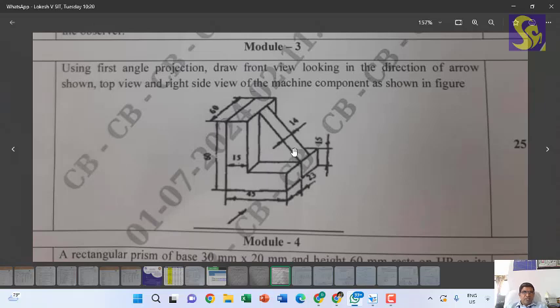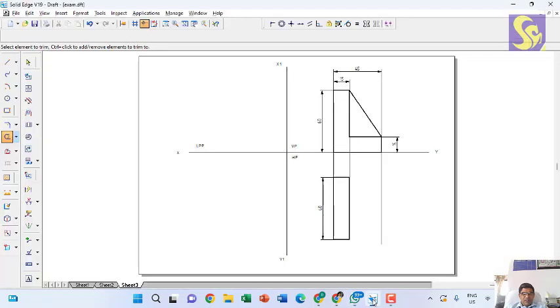So 60 minus 47 is 13. So it is 23 plus 13. So it is 36. Rather it is 23. 23 plus 23 is 46 plus 14 is going to be 60. So I'll draw visible lines for the remaining part.